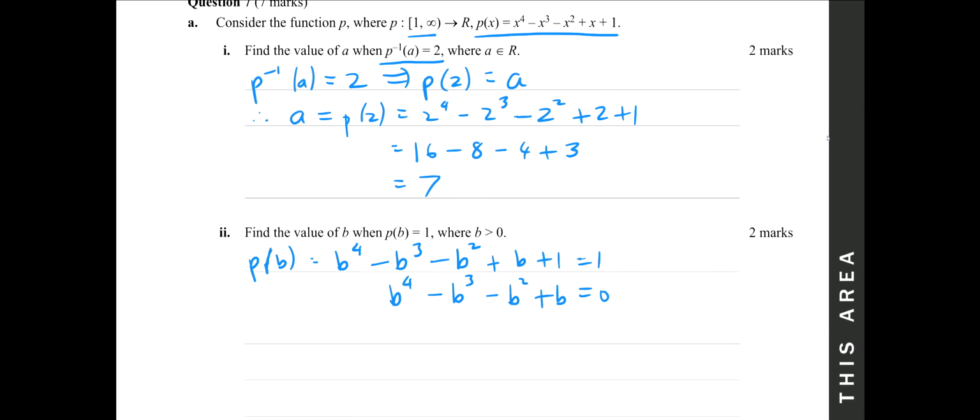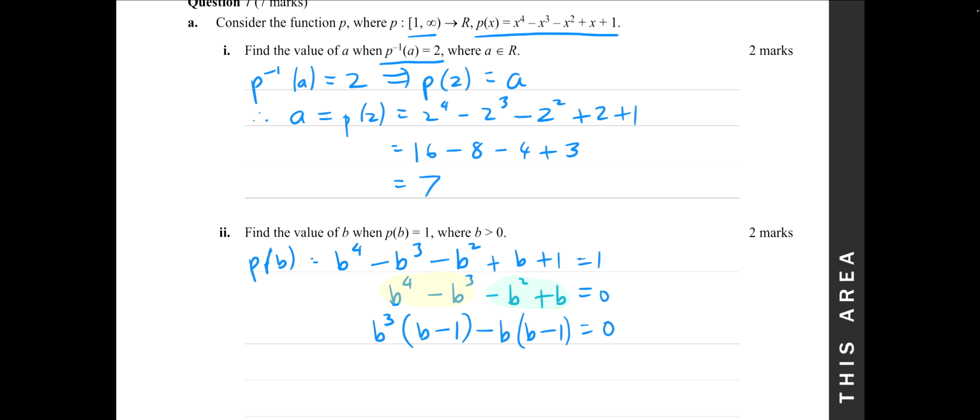So I'm just going to highlight in different colors what we can group. So b⁴ minus b³, we can group those together, and then the negative b² plus b, we can group those together as well. So grouping the first two, we will have b³ is the common factor, bracket b minus 1, minus b is now the common factor, and the negative b times b is b², and negative b times negative 1 is positive b.